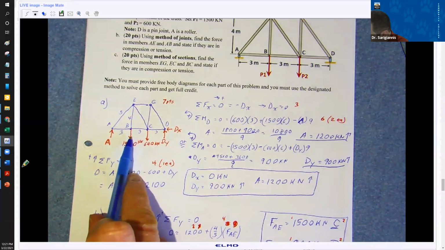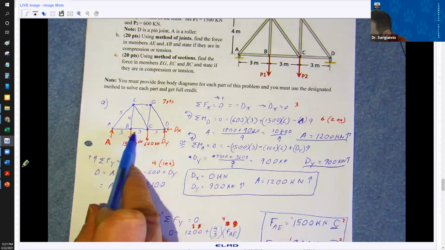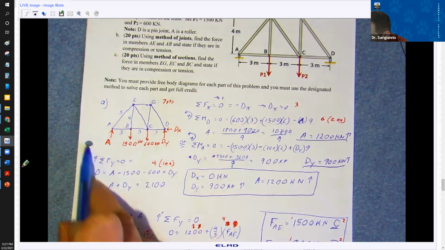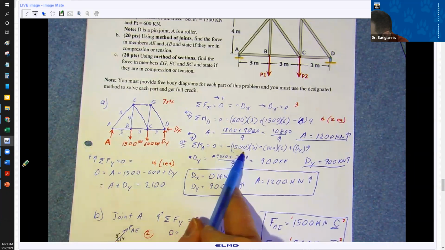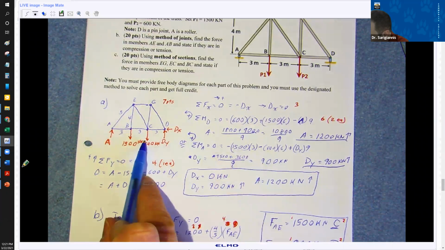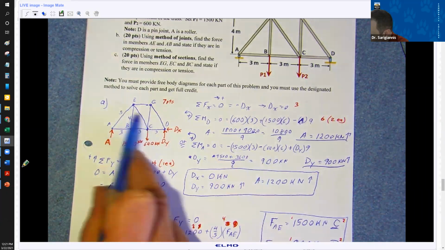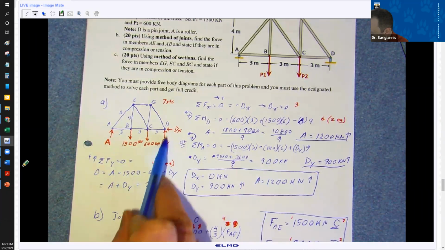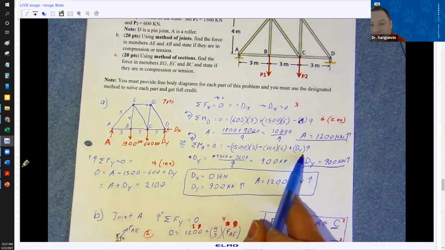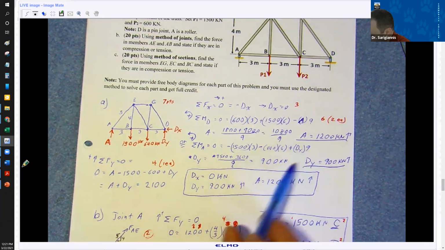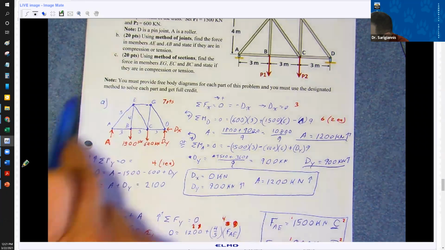So the 1500 kilonewtons is generating force at 3 meters away. That's a clockwise moment, right? It's a negative. Then we've got 600 kilonewtons at 6 meters, and that's also a clockwise moment. And then we drew D pointing upward, so it's dy times 9. That's a counterclockwise moment, right?